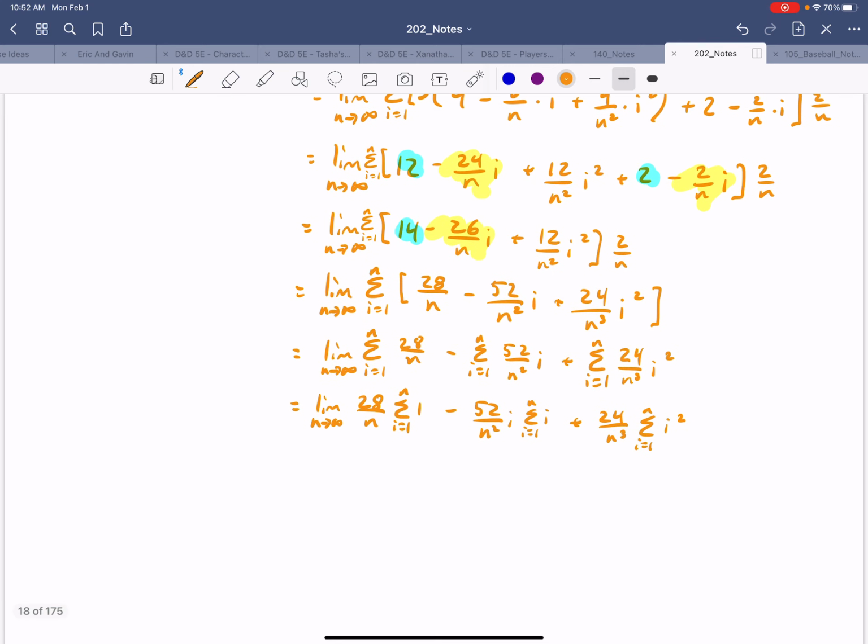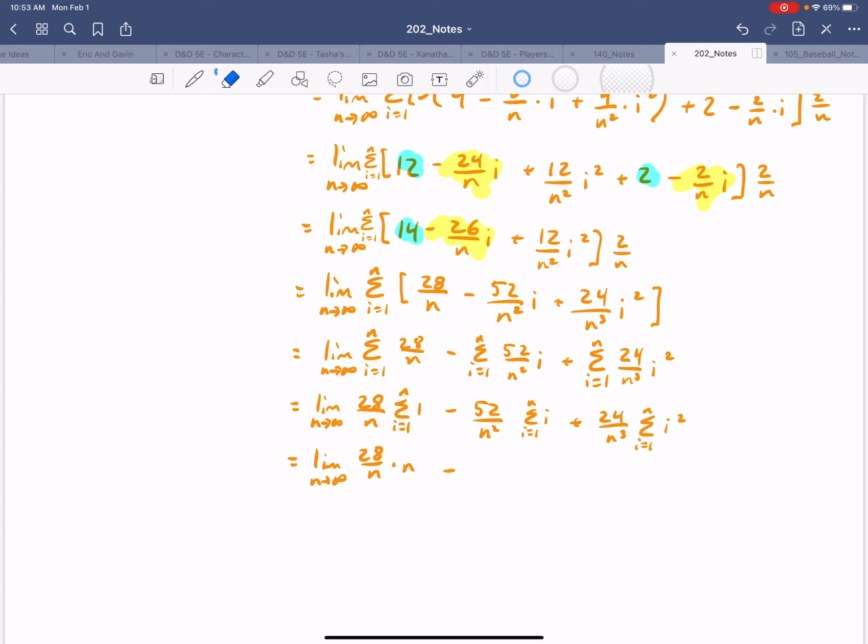Now, at this point, we have some identities. The first one is a little bit new, but it's one that you can think about. What's 1 plus 1 plus 1 plus 1, n times? It's n. Sorry, there's a little bit of a typo right there.